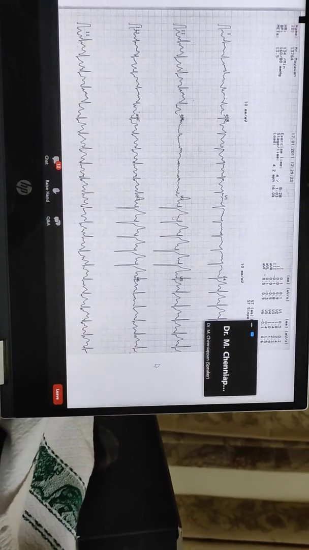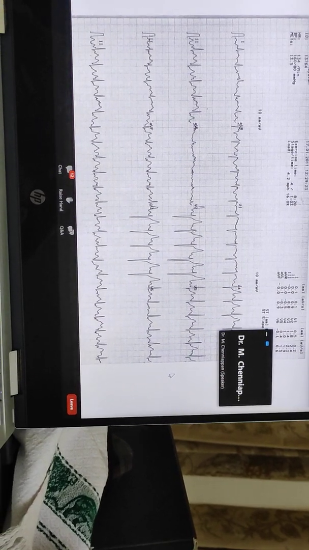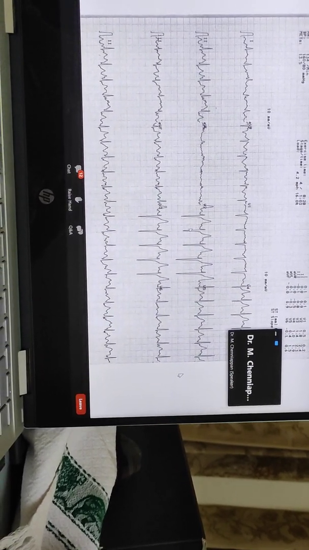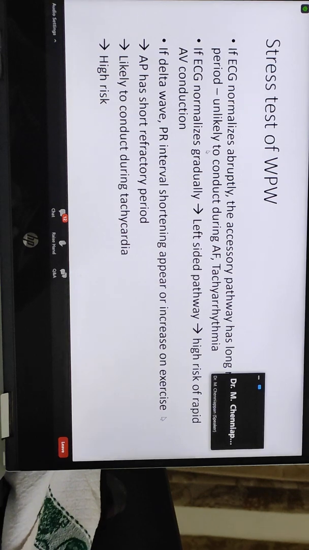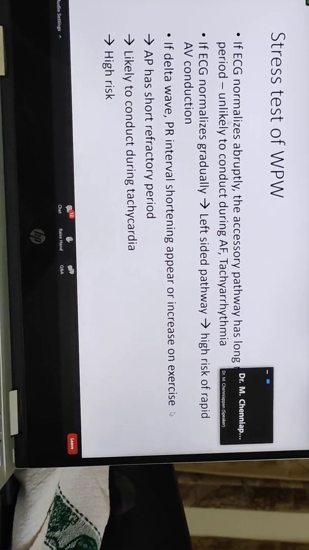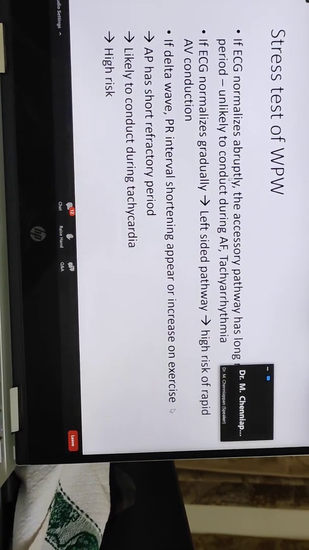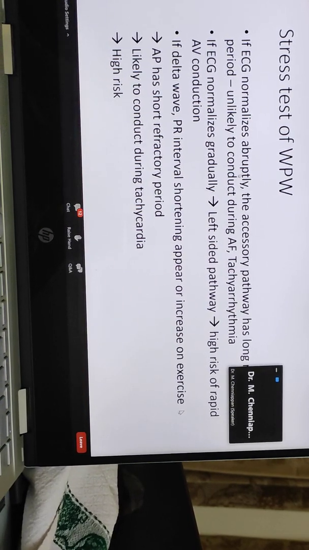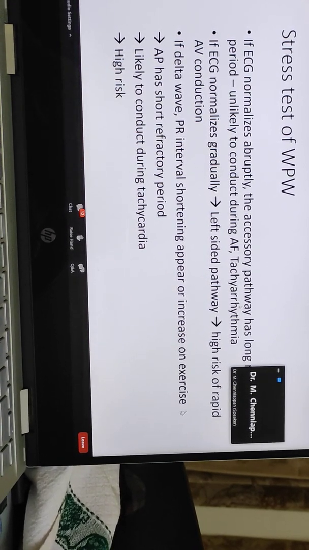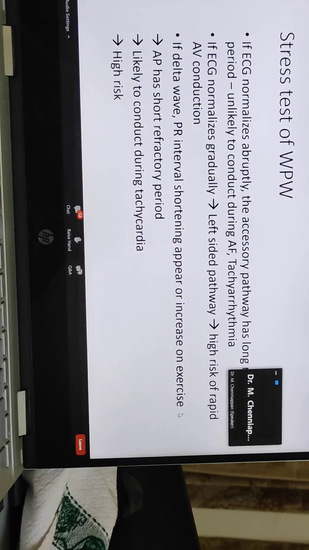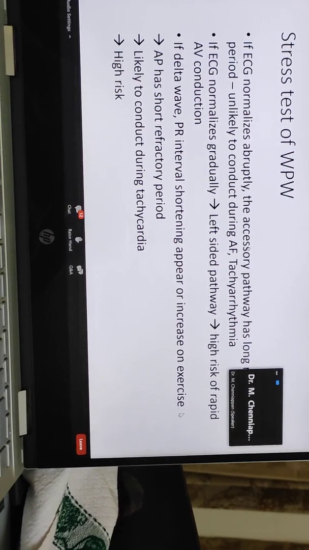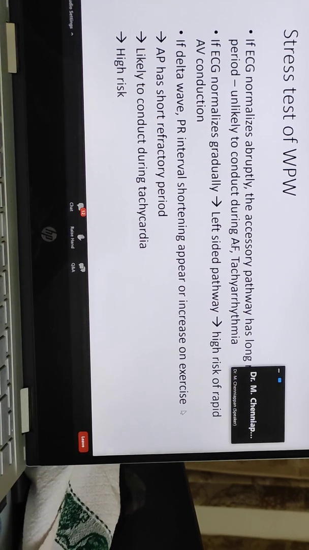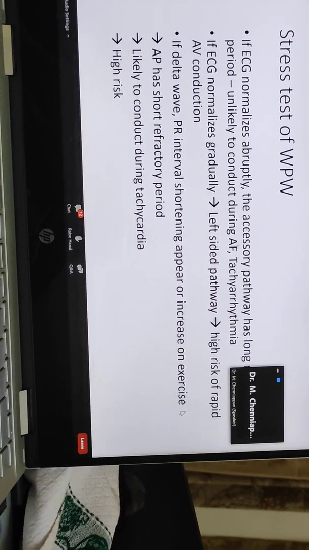That means during AF or flutter, this accessory pathway is unlikely to conduct antegradely. So in a treadmill test, if as soon as the heart rate increases the delta wave and the short PR disappear, it is a more benign type of accessory pathway, which is unlikely to conduct antegradely during a faster supraventricular arrhythmia.